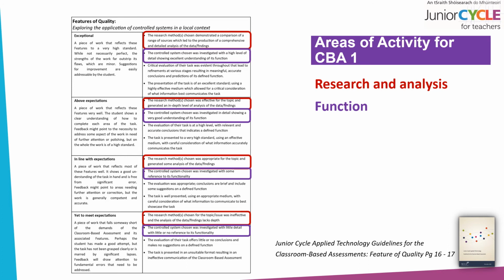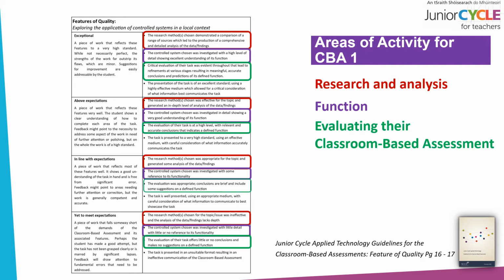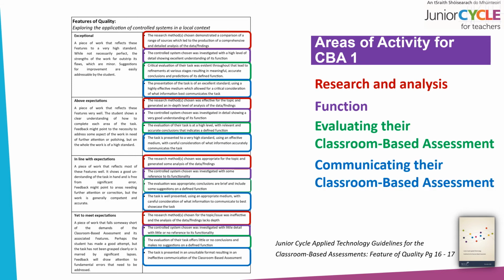Area of activity 2, function, aligns with the second feature of quality in each descriptor. Area of activity 3, evaluating their classroom-based assessment, aligns with the third feature of quality in each descriptor. And area of activity 4, communicating their classroom-based assessment, aligns with the fourth feature of quality in each descriptor.